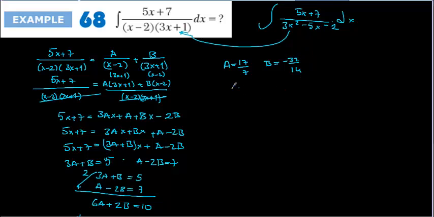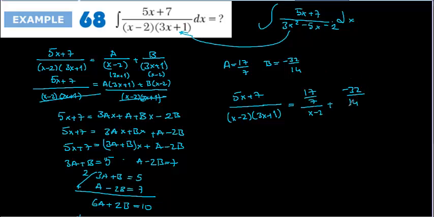And here I'm going to replace a by 17 over 7 and b by minus 32 over 14, which means 5x plus 7 over x minus 2 times 3x plus 1 is equal to 17 over 7 over x minus 2 plus minus 32 over 14 over 3x plus 1.